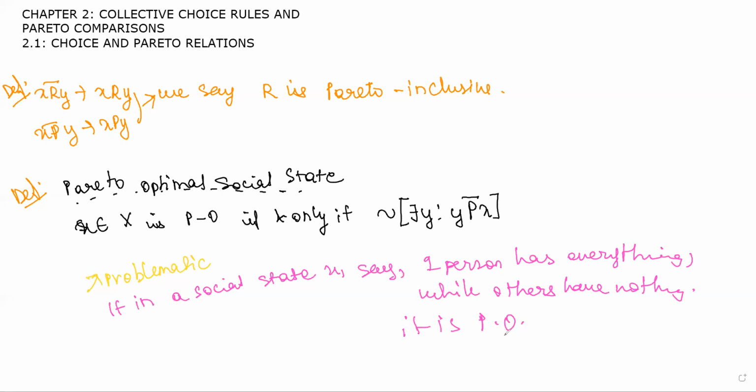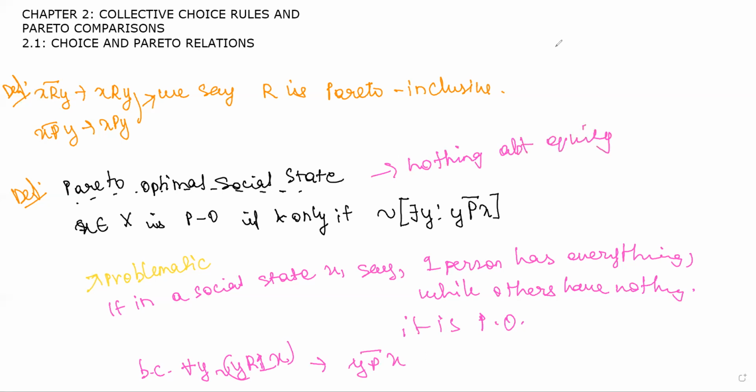This is because if there's any other social state y, this one person will not like it. So for all y, y R_1 x is not true for this one person, which implies that y P bar x is also not true. So there is nothing about equity in this definition. A social state may be Pareto optimal, but it still might be really, really disgusting, is the word the book uses.